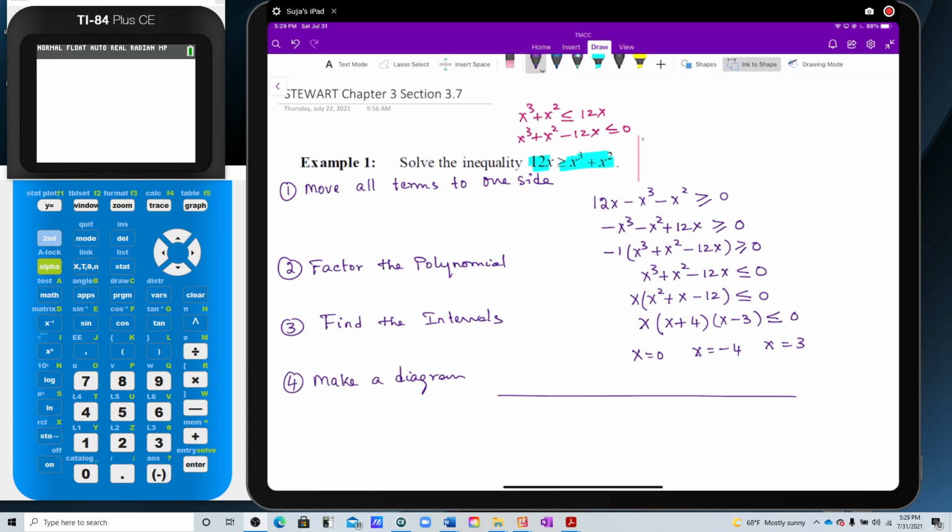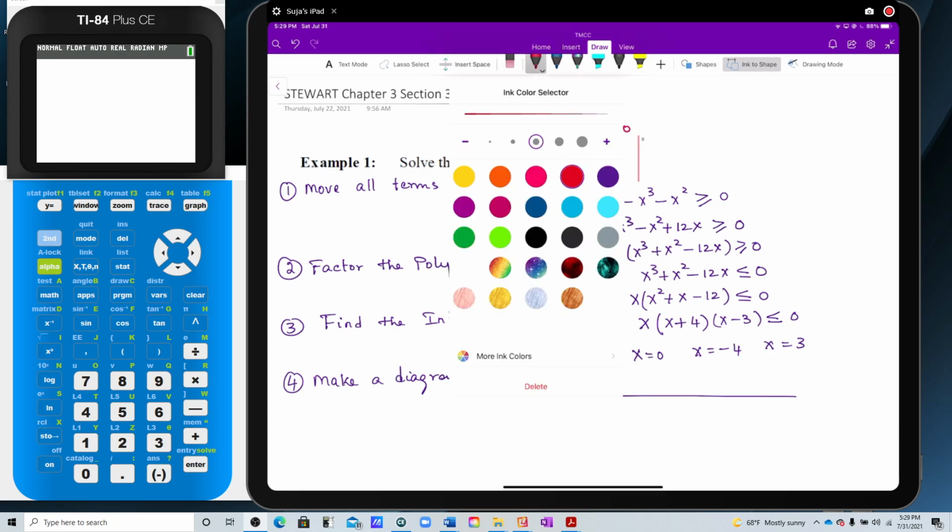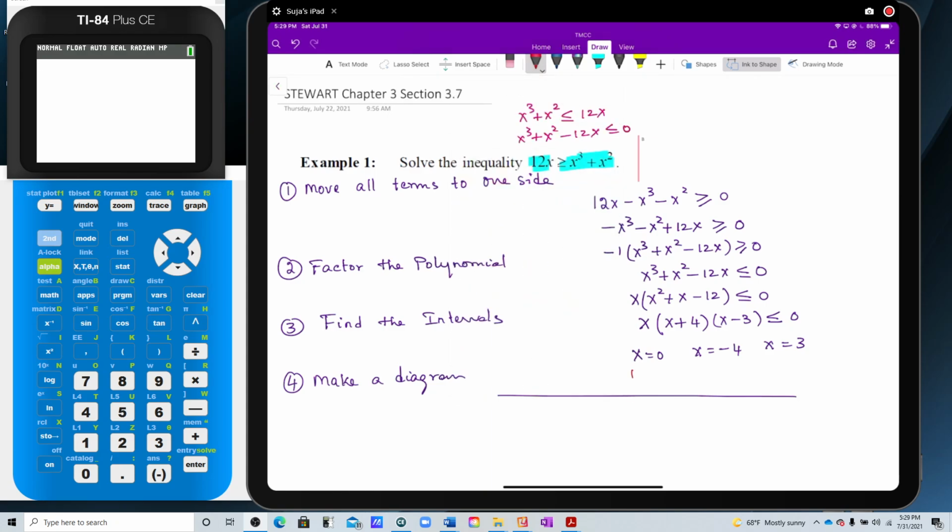So x equals 0 is one place. I'm going to have an x-intercept. Let me use another color. So x equals 0 is going to be a place I'll have my x-intercept. X equals negative 4 is going to be another one. And x equals 3 would be the other.